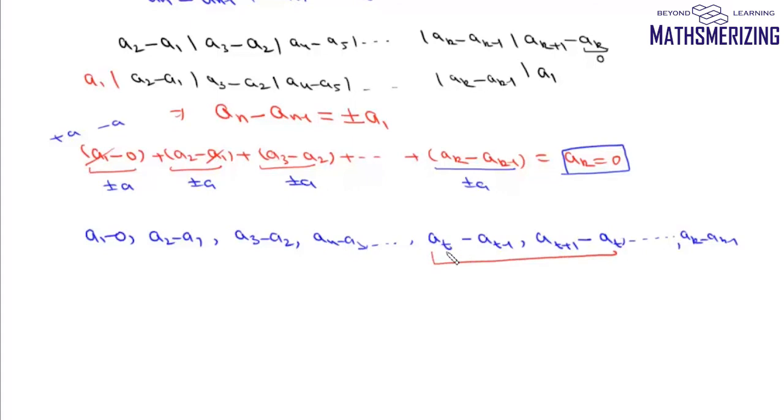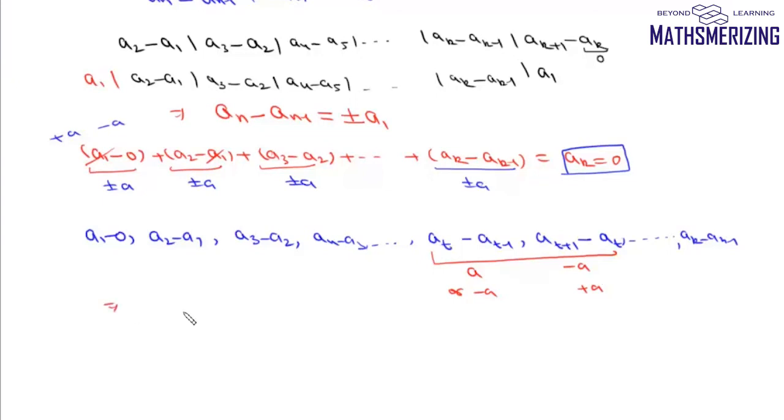That means at least one pair has one expression positive and the other negative, say plus a1 and minus a1, or minus a1 and plus a1. So of all the expressions, at least two neighboring expressions will have different signs.